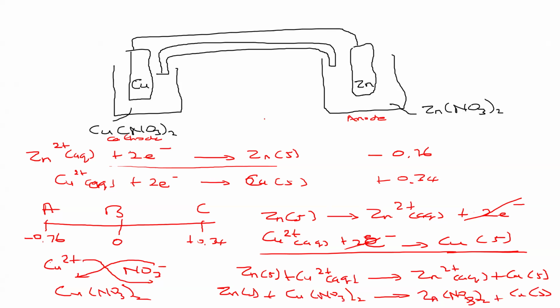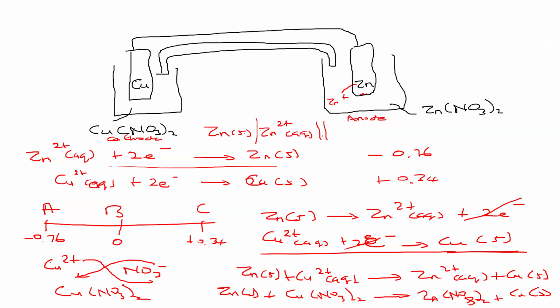Now let's write the cell notation. We start with the anode, which is zinc. This zinc keeps breaking down to give us zinc ions. So this is zinc in the solid, and the phase line shows that we are changing the solid into the aqueous, giving Zn 2+ in the aqueous.